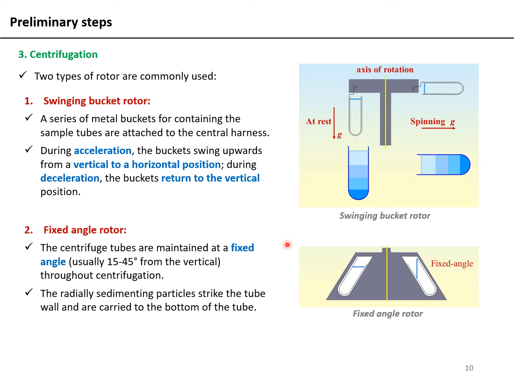Now, essentially what happens is, imagine that this vessel that we were visualizing when discussing the forces is horizontal. That is the case in a swinging bucket rotor. When your vessel is horizontal, you have the centrifugal force acting in this direction, that is, towards the right in this case, and buoyant force and frictional force acting in the opposite direction.